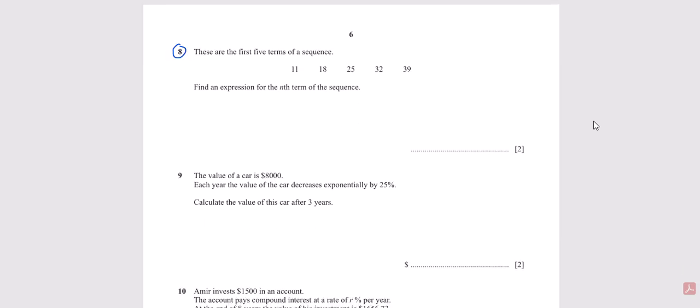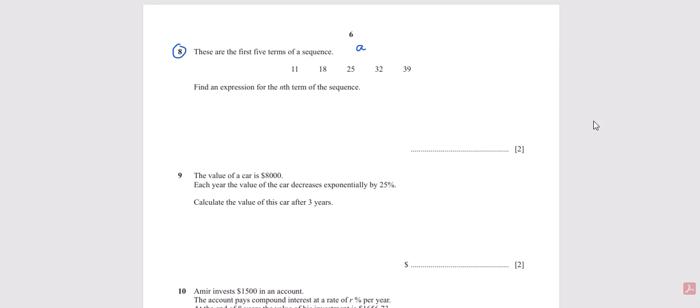Question number 8. These are the first 5 terms of the sequence: 11, 18, 25, 32 and 39. Find an expression for nth term of this sequence. First of all, we write nth term formula.